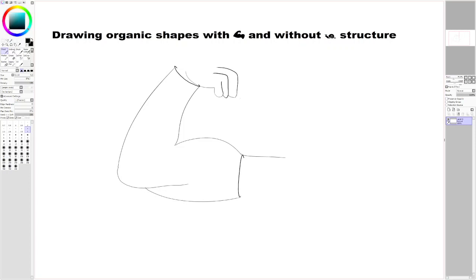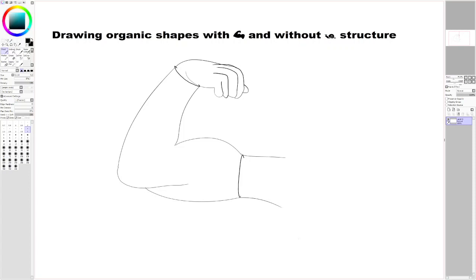I said to the best of my ability, doesn't mean it's going to be good. That was too big. It's a thumb right there. Okay, I guess I should have drawn it like that.